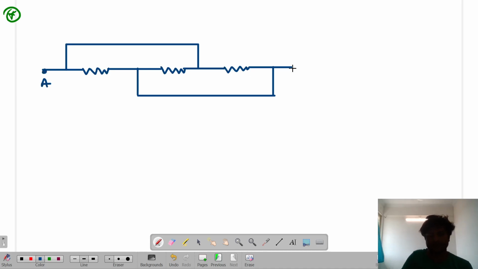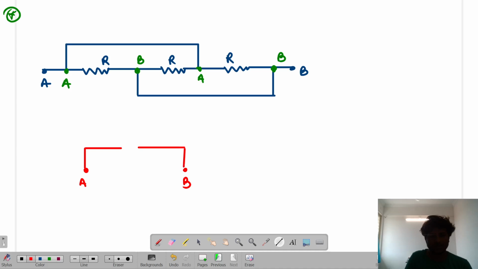Point A and point B. Let's suppose this is R, this is also R, and this is also R. Find the equivalent resistance between A and B. So once again, conducting wire, no? So this is point A, and this is point B. Now, it is connected over here with A, so this point also has the same potential A, got it or not? And this has also the same potential B, that's all. Then you mark A and B. Start. 1 R. All are in parallel.